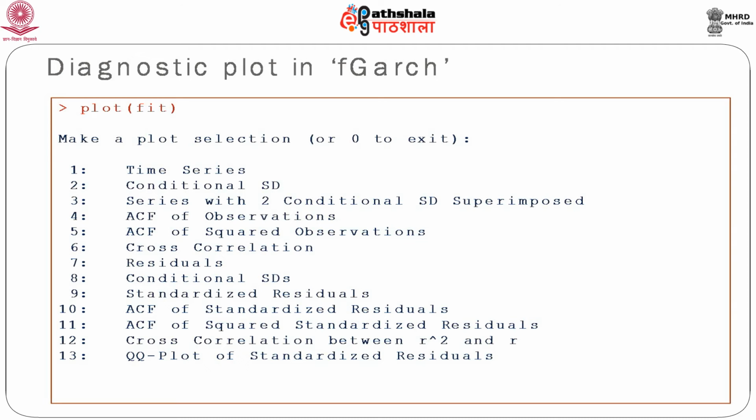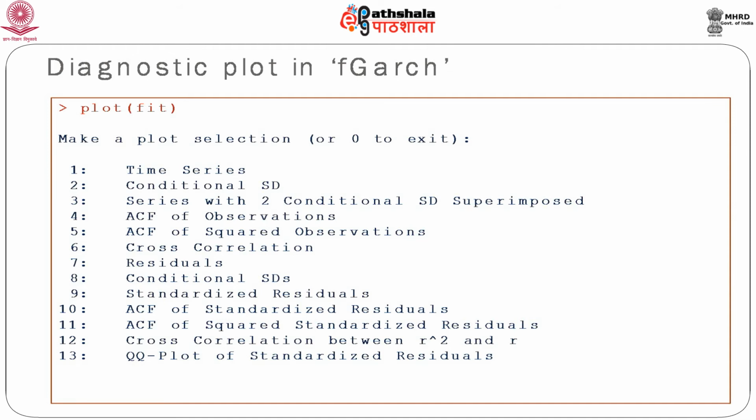Then it will give a list of diagnostic plots: time series, conditional standard deviation, series with 2 conditional SD superimposed, ACF of the observations, ACF of squared observations, cross correlation, residuals, conditional SDs, standardized residuals, ACF of standardized residuals, ACF of squared standardized residuals, cross correlation between r squared and r, and QQ plot of standardized residuals.